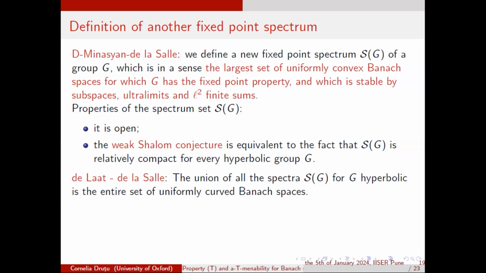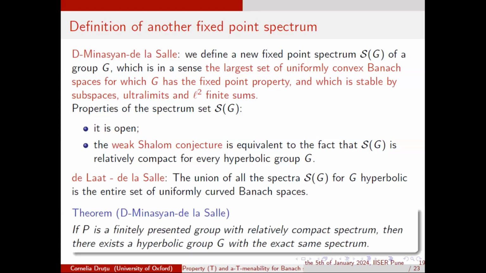This follows from their work on random groups, in fact. And what we also proved is that if we look at the class of finitely presented groups, any spectrum that has compact closure must also be the spectrum of a hyperbolic group.